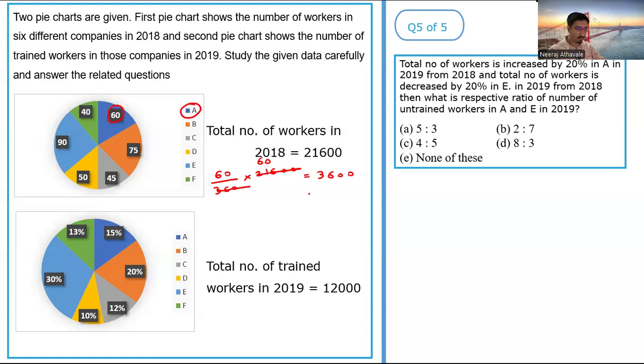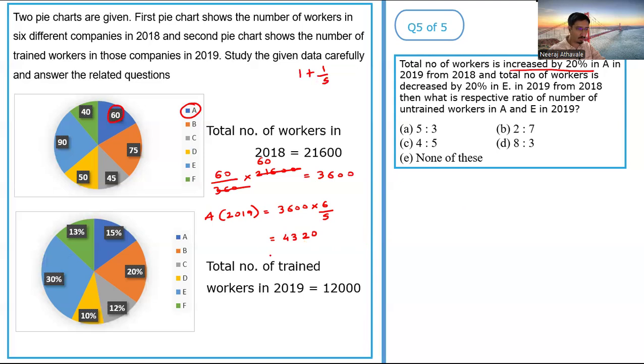Now 3600 is your number of workers in A in 2018. So in A 2019 total workers will be, it is a 20% increase, that means it is 1 plus 1 by 5. So 3600 into 6 upon 5. So solving this, you get the answer as 4320.